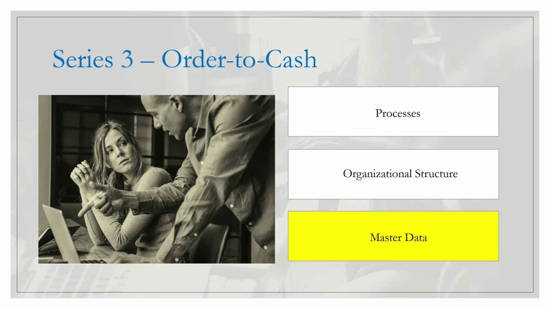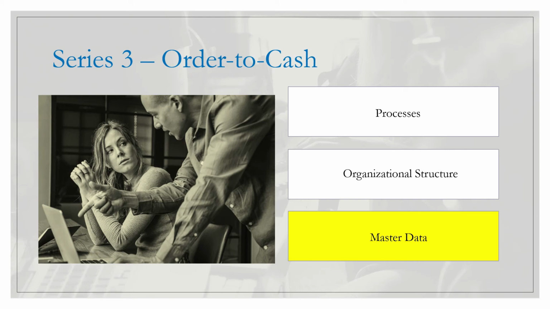We can also avoid human errors, because if you're typing in that address 100 times, there's probably a chance that you might miss it once or twice. So, by having a master record where it populates right onto the sales order, it keeps human errors out of the system as well. And this is why we always maintain master data.